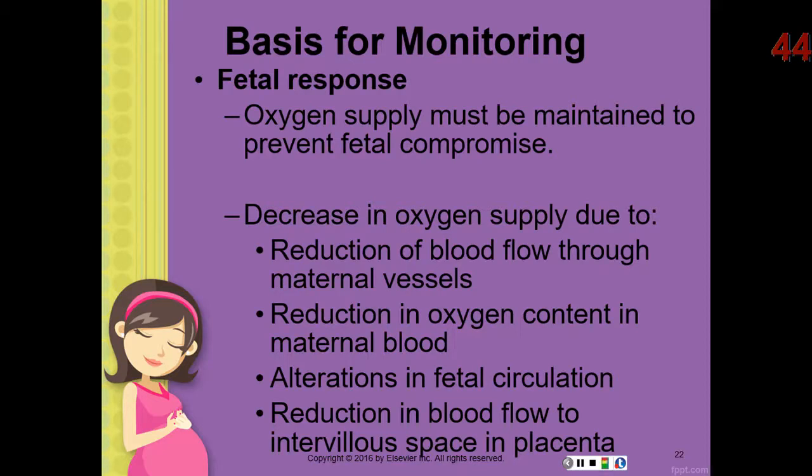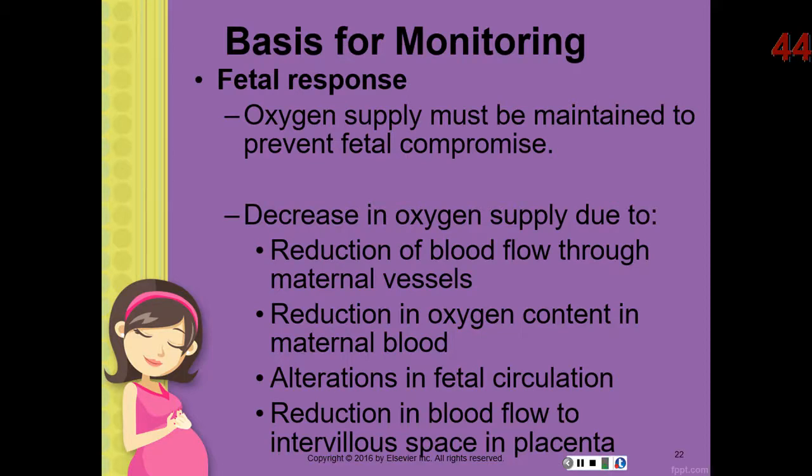A reduction of blood flow through the maternal vessels is one reason we have decreased oxygen, like when mom has high blood pressure, or something that is vasoconstricting, or remember cocaine is another thing. Anything that vasoconstricts those blood vessels decreases the oxygen to the baby.